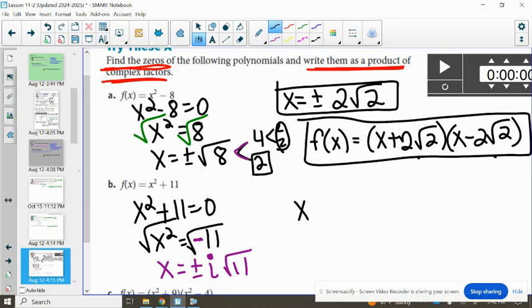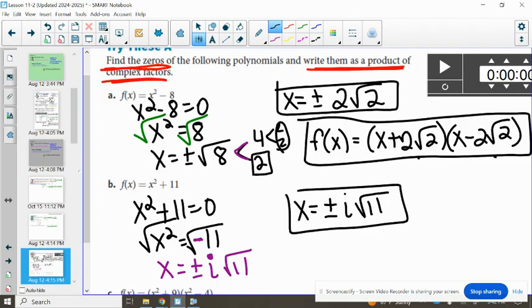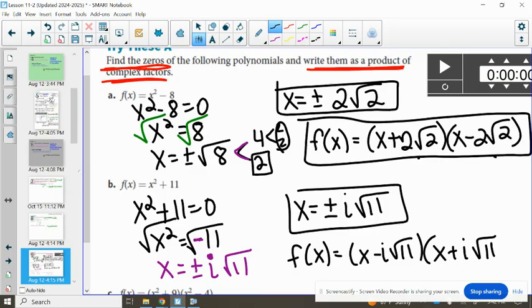So again, if we're looking for just the zeros, we would say positive or negative i square root 11. Or if we write that in that factored format, you would see x minus i square root 11 and x plus i square root 11 for those two answers.